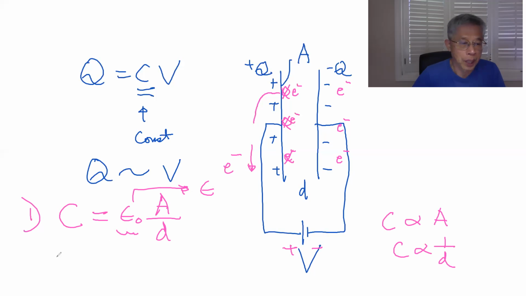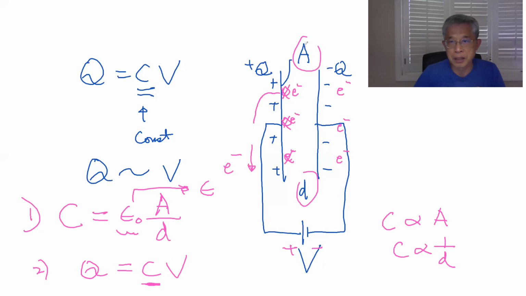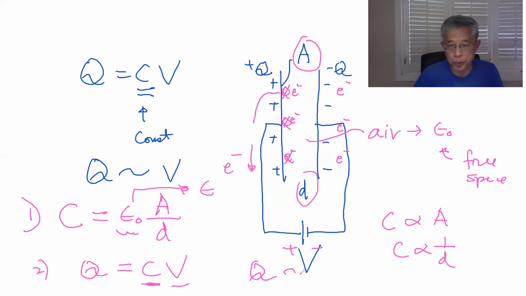And two is that Q is equal to CV. So given the C, the D is given, A is given, and the material in between here is the air. So air then is epsilon 0, because this is the permittivity of free space. So given that, the larger this V here, the larger the Q. So Q will be proportional to V.